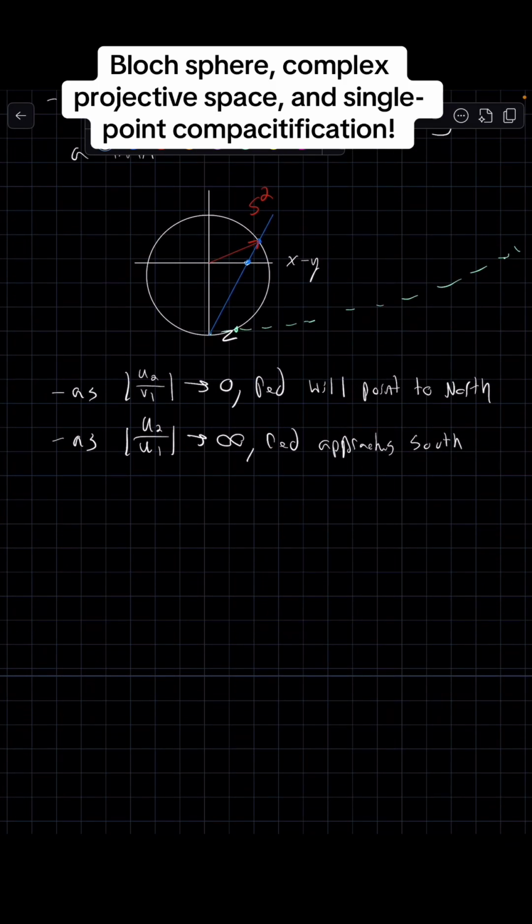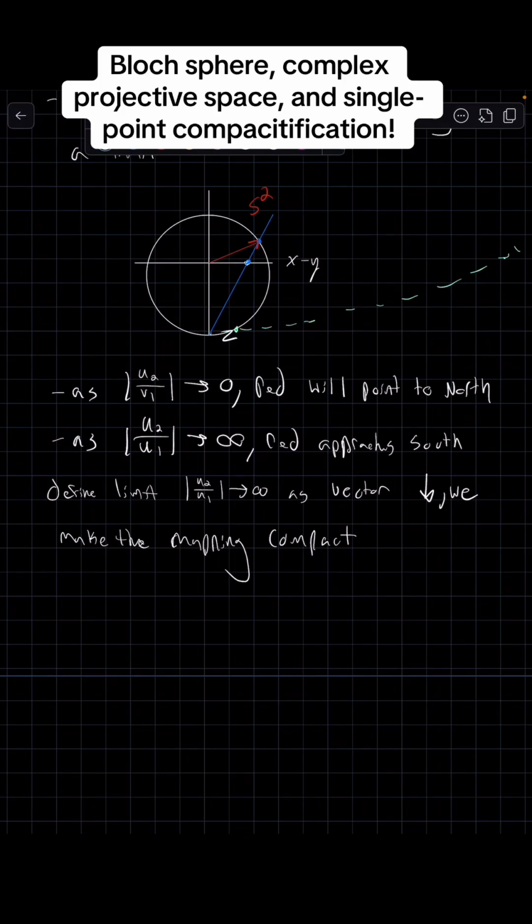So if we define the limit as u1 goes to infinity as the vector going straight down, we make the mapping compact.